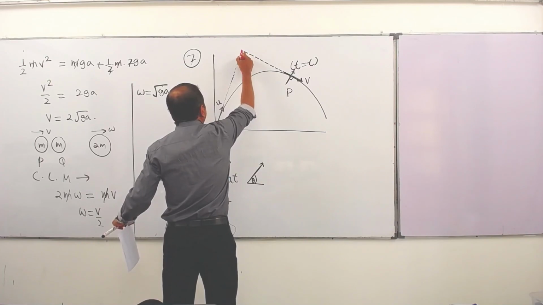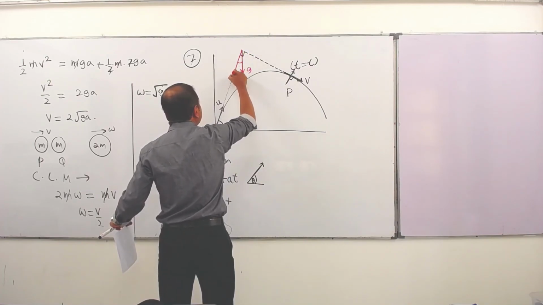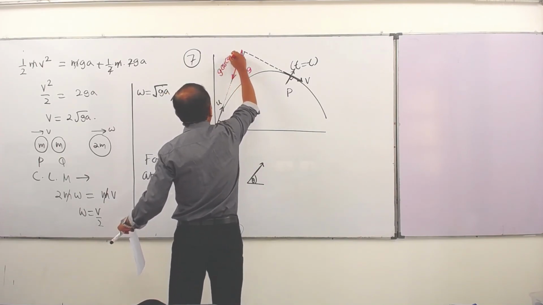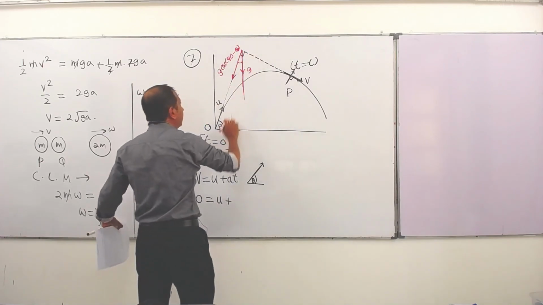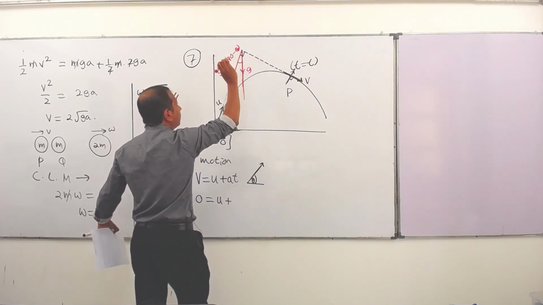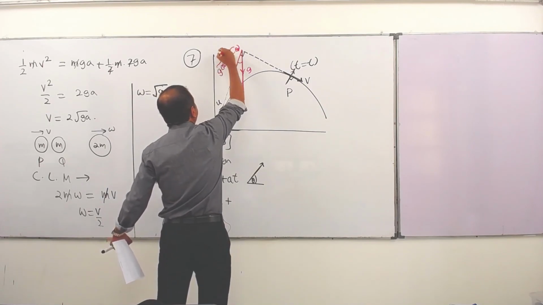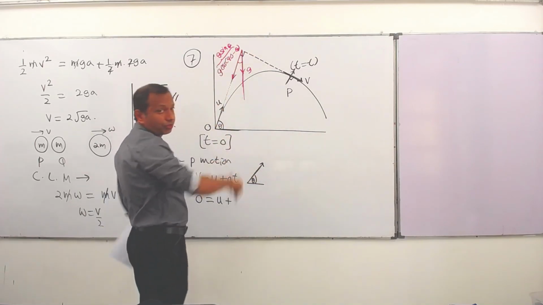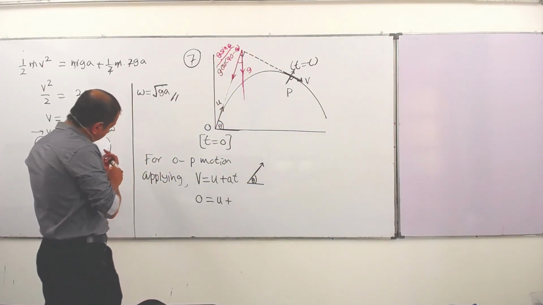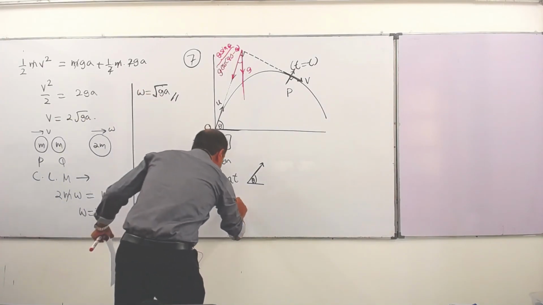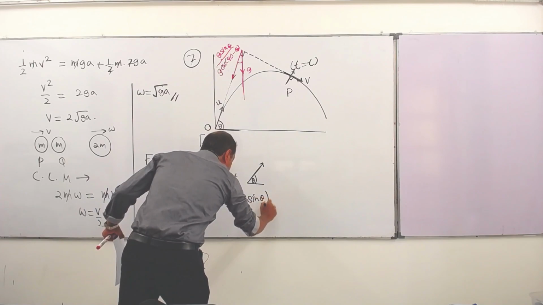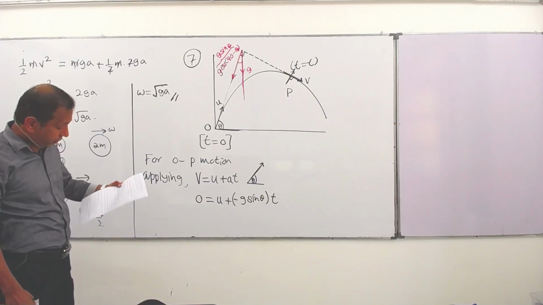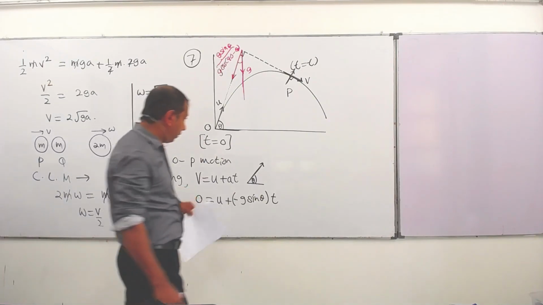Then along this direction the component of g is g cos(90 minus theta), that is g sin theta. That acts in the direction opposite to the equation of motion we apply. Therefore it is minus g sin theta times t. Then you can solve for t and you get the answer: u over g sin theta.